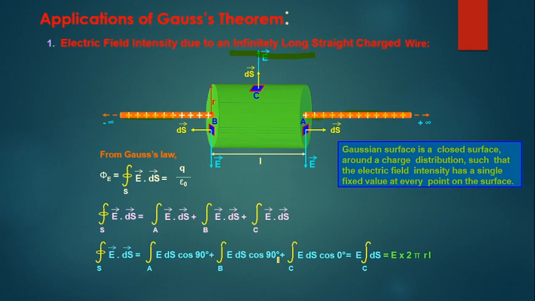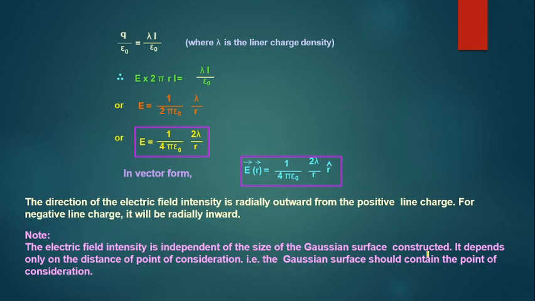So cos 90 is 0 for surfaces A and B. Only for the curved surface are E and dS in the same direction, so theta is 0 here and cos 0 is 1. So the integral of E dS equals E times the surface area of the curved surface of the cylinder, which is 2 pi rL, equal to Q divided by epsilon naught.